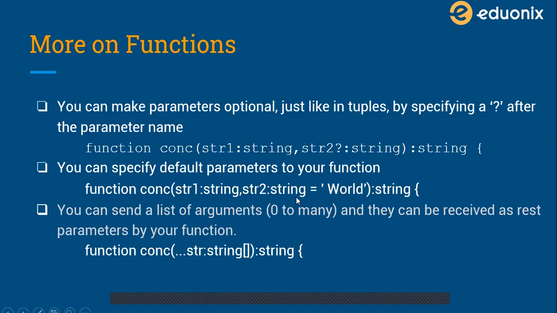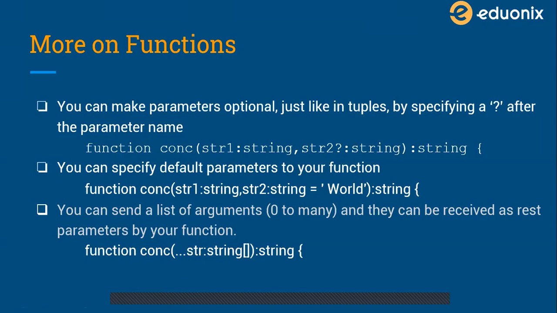And if you know ES6, then you must know about rest parameters, where you can send any number of arguments from your function call, and it gets received into an array. The way to specify that is by using two dots like this, and then creating a variable.